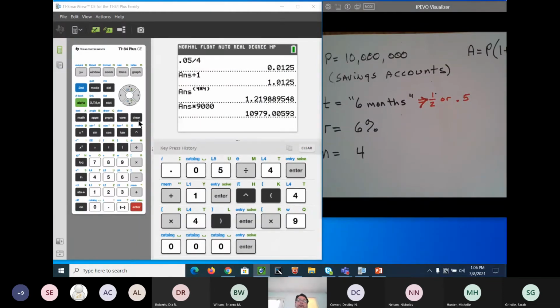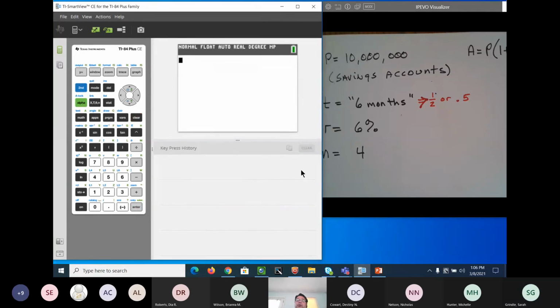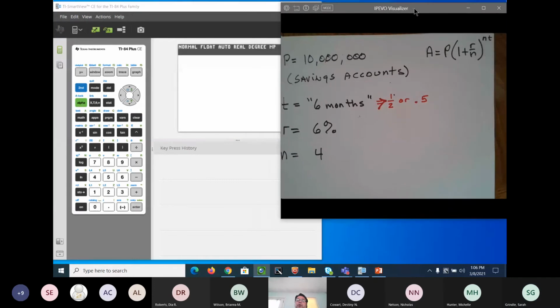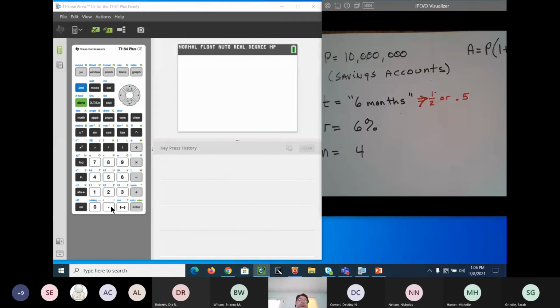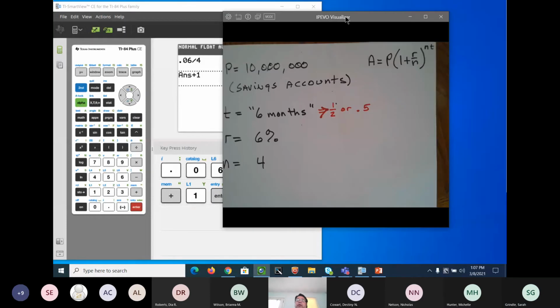Now, the first thing I'm going to do is I'm going to take 0.06 and divide that by 4. And add that to 1. So in the parentheses, I've got 1.015. That's what I got in the parentheses.